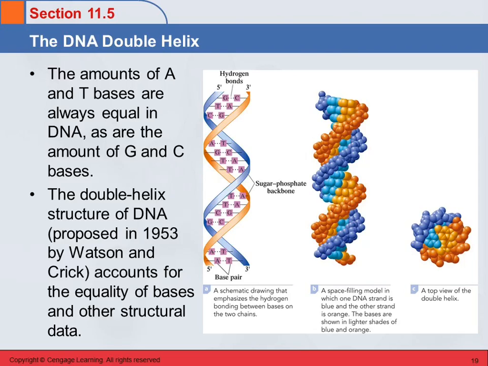It's a head-to-tail arrangement. And so this is a little bit like a spiral staircase, where you've got the railings coming down and it's going in a spiral circle. And then we have these bases that are between them, and those are kind of like the treads on the stairs.